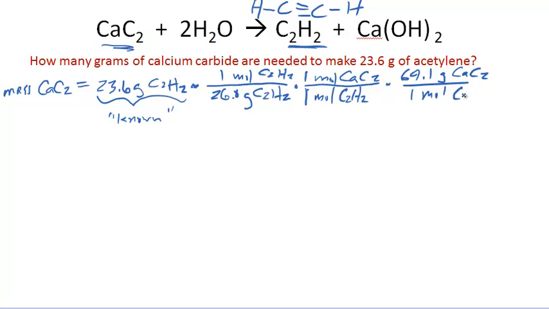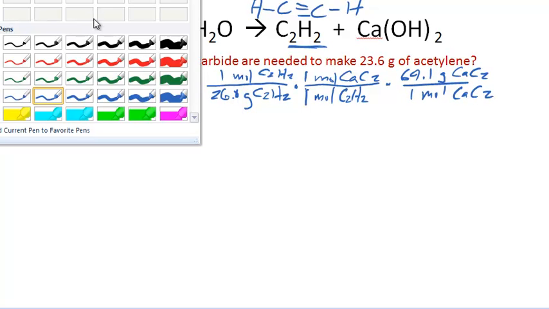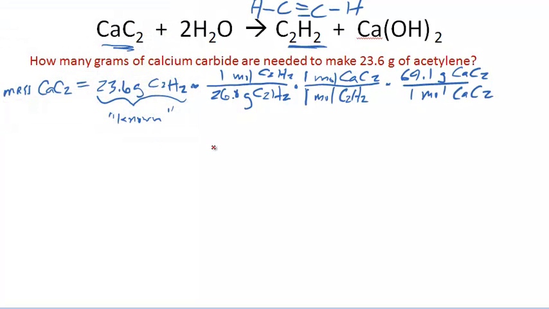Over 1 mole calcium carbide. All right, and then the cool thing is that we can now cancel out. So grams of acetylene cancels, moles of acetylene cancel, moles of calcium carbide cancel, and we are left with grams of calcium carbide, which is exactly what we set out to do, right?